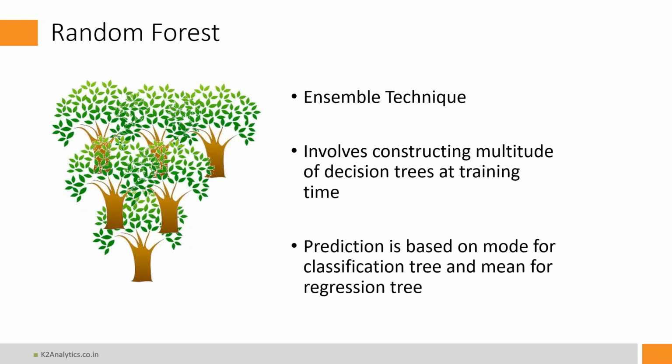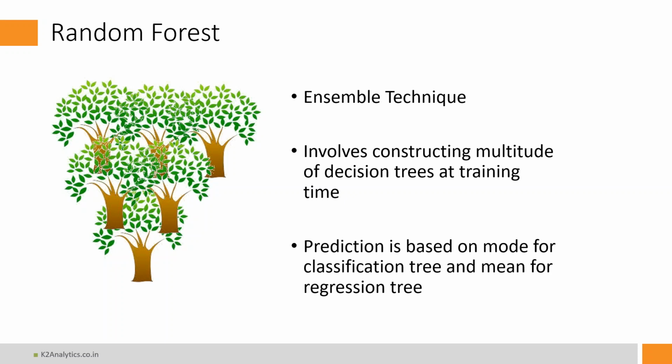Random forest involves construction of a multitude of decision trees at training time, which means we have to create multiple decision trees. Prediction is based on mode for classification trees and mean for regression trees. What it means is, in case I have to predict a class, I'll have to see what class has been predicted by the majority of the trees.